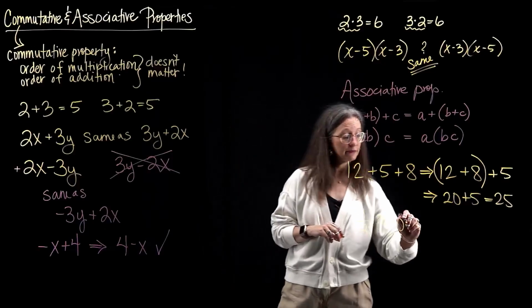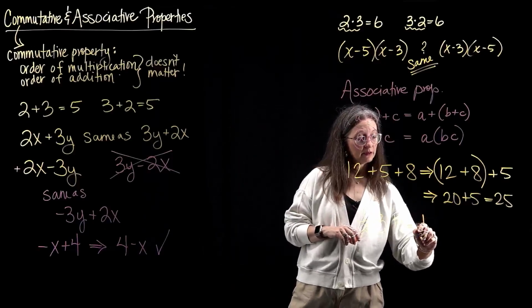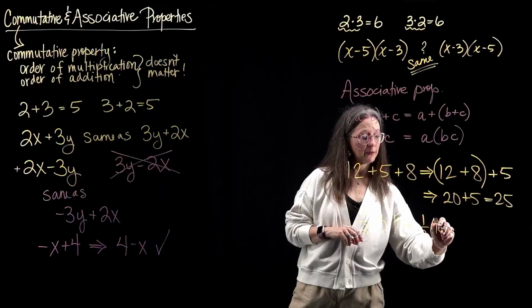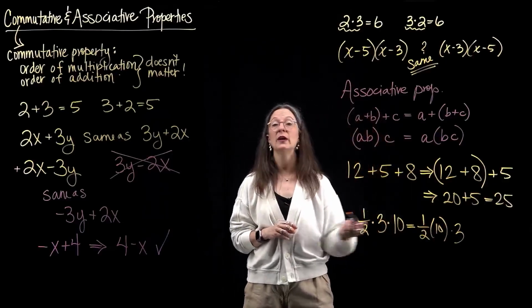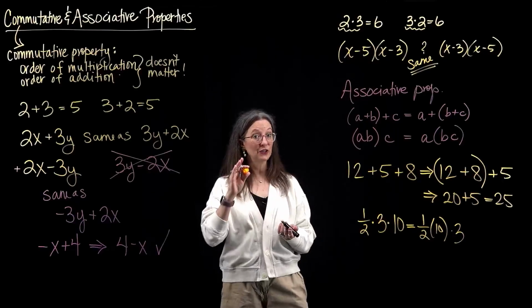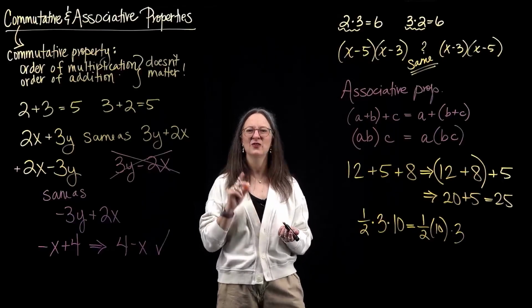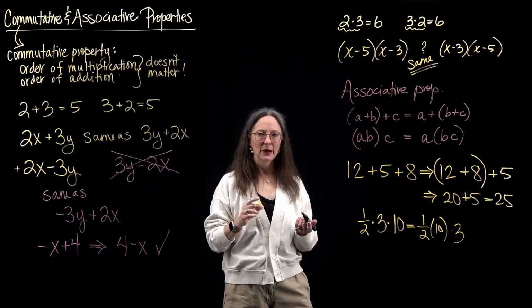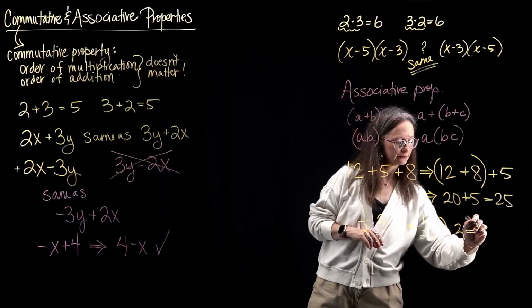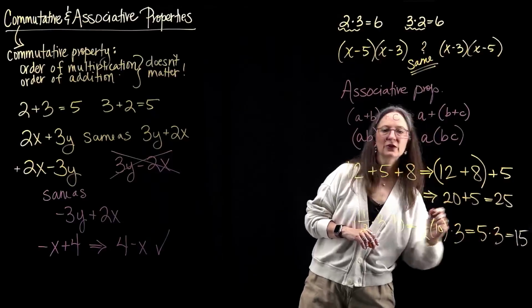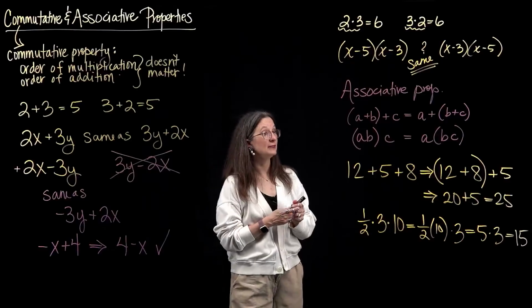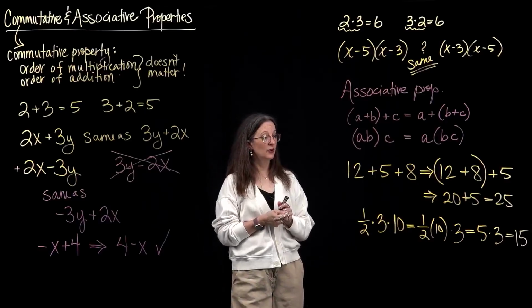But what we can do, let's use commutative property to change that order. And then associative to say I'm going to group the 1/2 and the 10 together first. 1/2 times 10 gives me 5. That one's not too hard. And then 5 times 3 is pretty straightforward. That'll give me 15. All right.